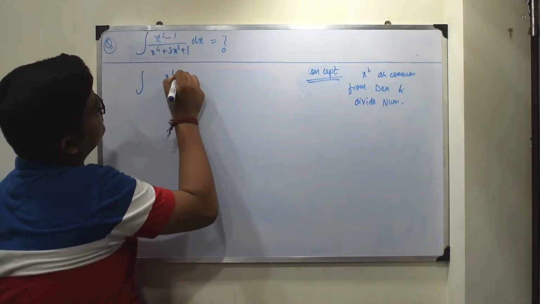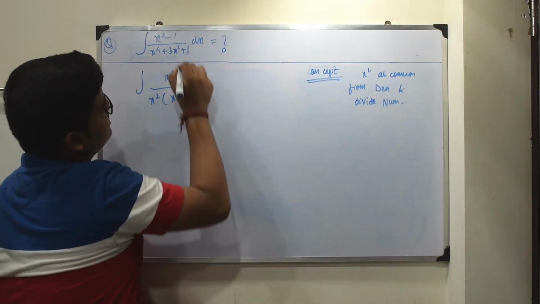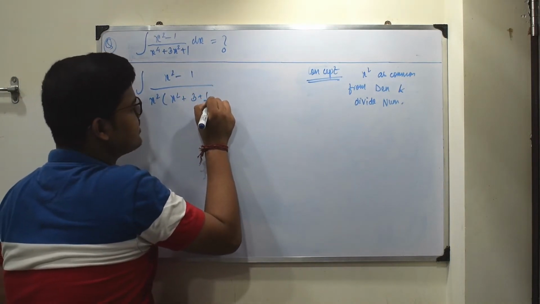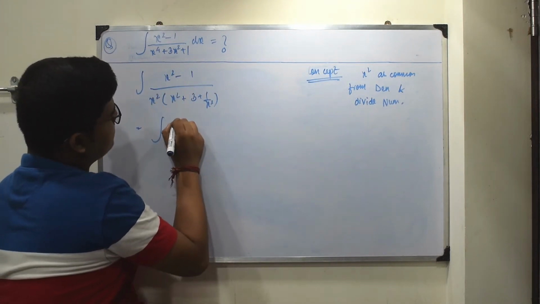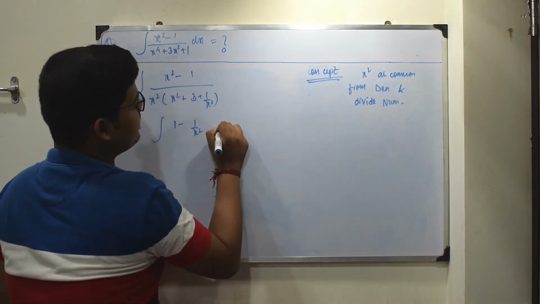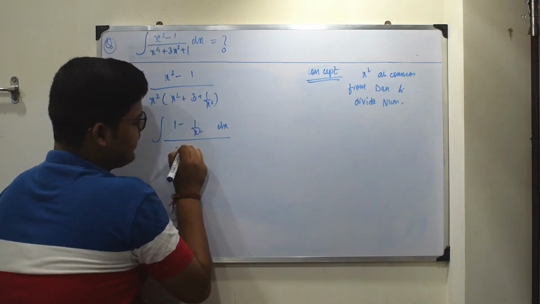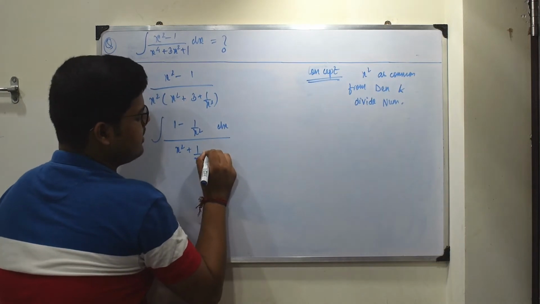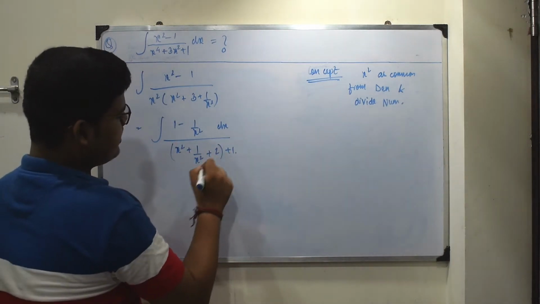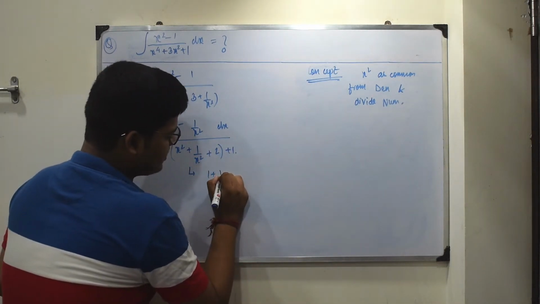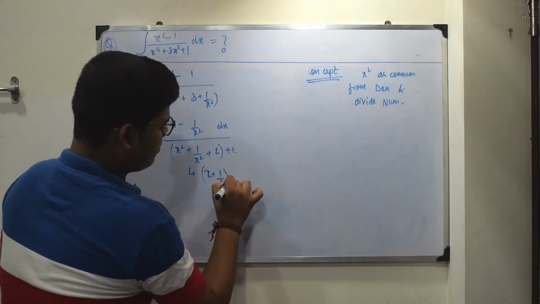So x square minus 1 upon, if we take x square common, we are left with x square plus 3 plus 1 upon x square. Let's divide this. X square upon x square is 1, so we get 1 minus 1 upon x square dx, and can I rearrange the denominator as x square plus 1 upon x square plus 2 plus 1, or we can simply write this portion as x plus 1 upon x whole square plus 1.